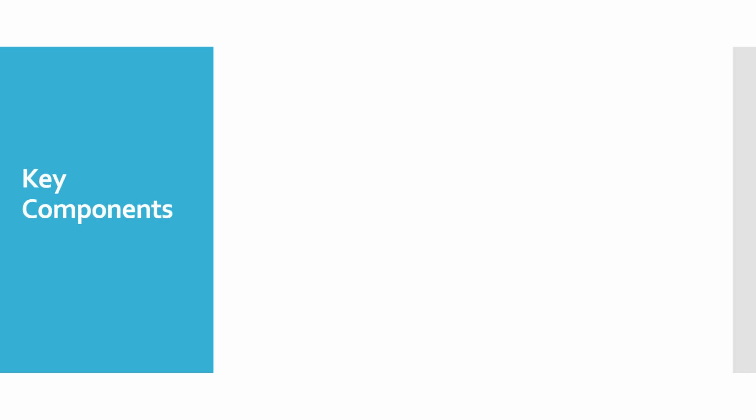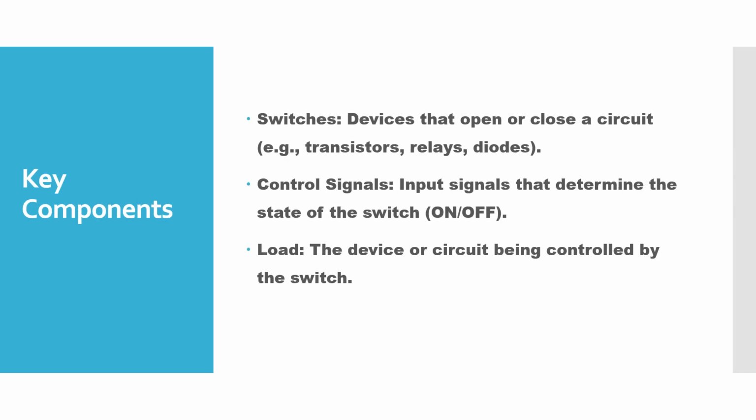Now, the key components required: a switch, as I've said earlier, is just to open and close a circuit. In electronic switching, we majorly have transistors, relays, diodes, and control signals, the input signals that determine the states and the load you want to carry.